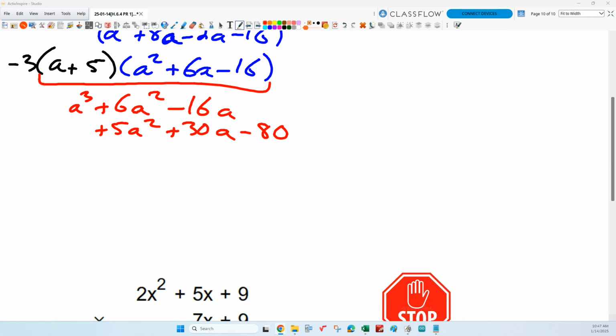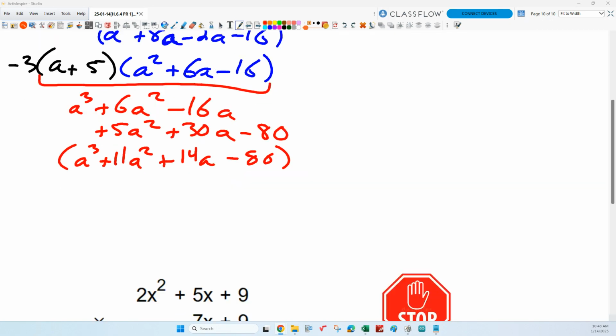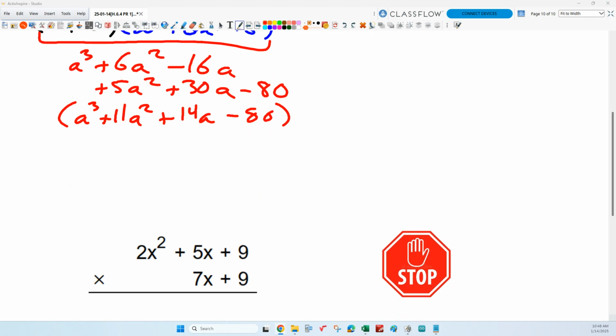And if I combine all that stuff, I get a cubed plus 11a squared. See how nice it is that we stack those vertically? Plus 14a minus 80. And then finally we bring down that -3. And the last step would be to distribute that -3.